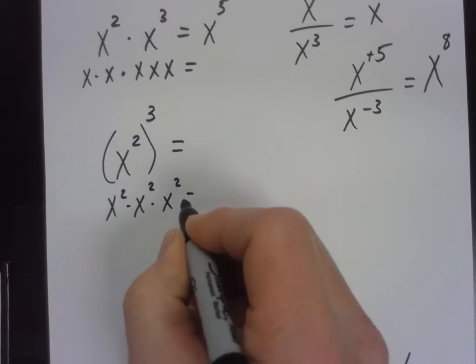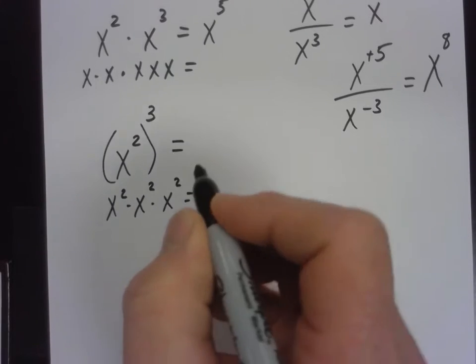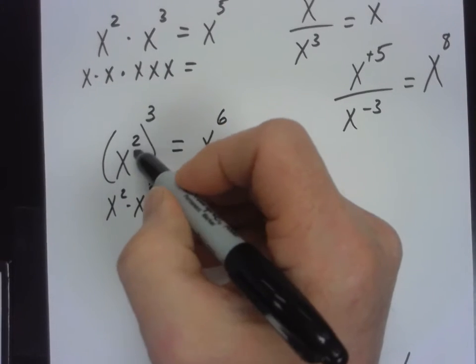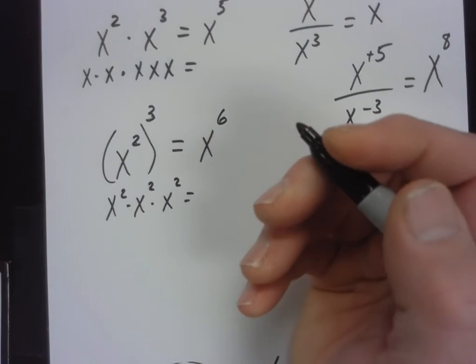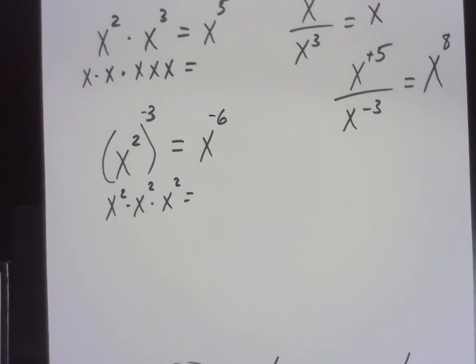And what do we do with the exponents when we multiply? We add them, right? So this is x to the 6th. So when we're raising something to a power, we don't raise the 2 to the third power, we just multiply the exponents together. And it doesn't matter if they're negative, the rules still apply. We're just multiplying those exponents together.